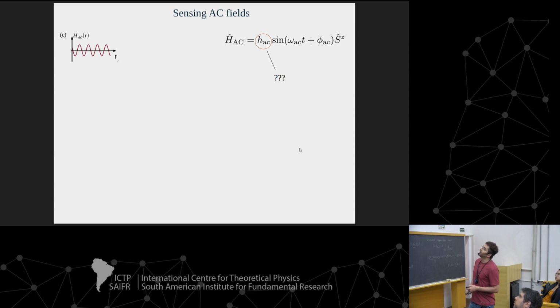What's the idea then? The idea is to get these time crystals as our physical sensor, and put them in contact with an external magnetic field that is oscillating, just like this one here. So it's just a sine function with some frequency pointing along some magnetization direction. And as we did here, we try to estimate the amplitude of this external parameter, okay?